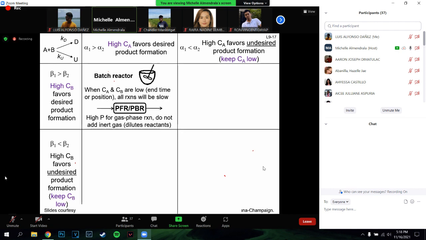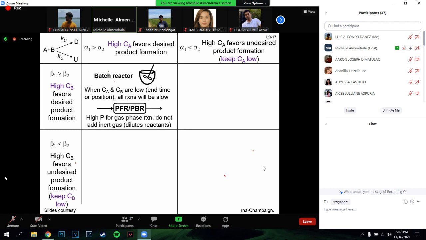Now, if we're talking about batch reactors, when we're talking about beta, the concentration of reactant B, the second reactant, wherein beta 1 is greater than beta 2, so beta 1 for the forward reaction is greater than beta 2, high CB again favors desired product formation.